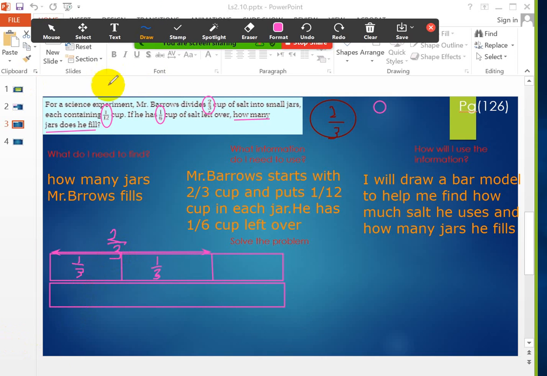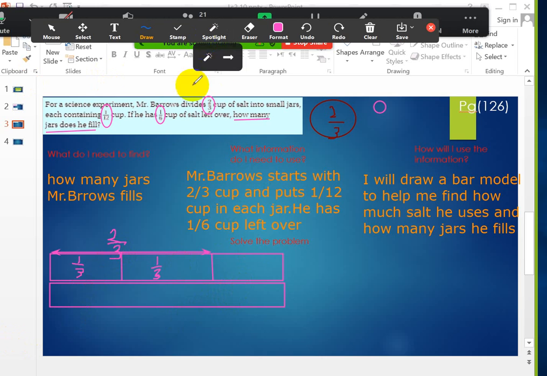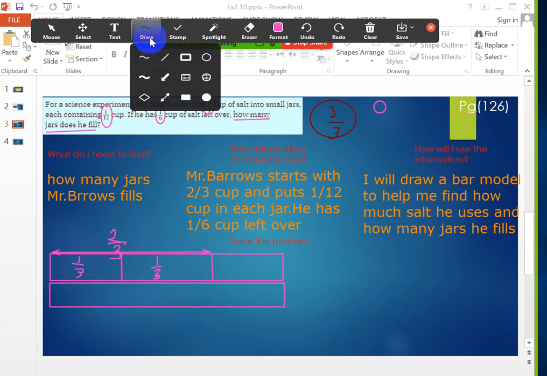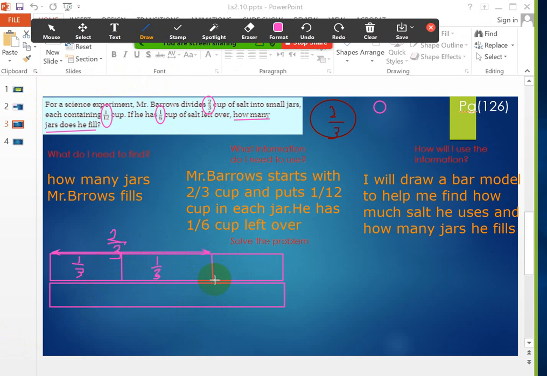Now, this is the second part of the model. I will use the number that is the divisor here, 1 over 12. I have to use until this side. If I tell you this is 1 over 12, okay?